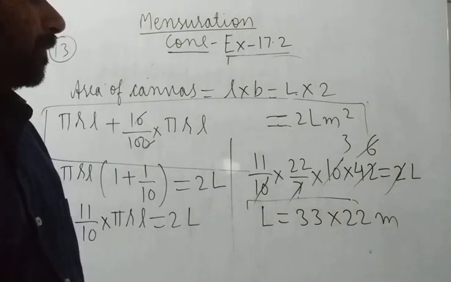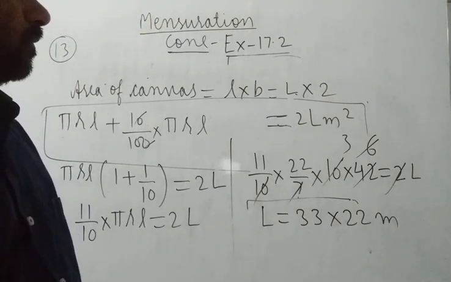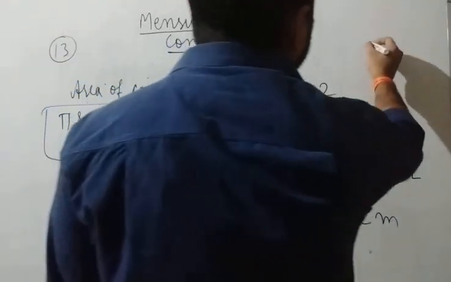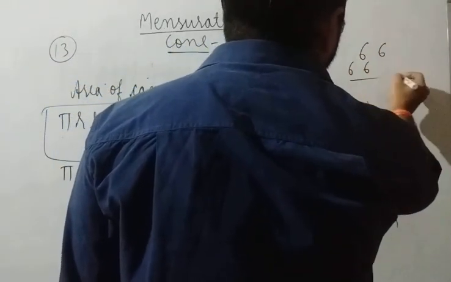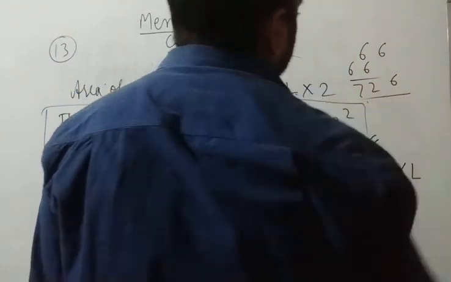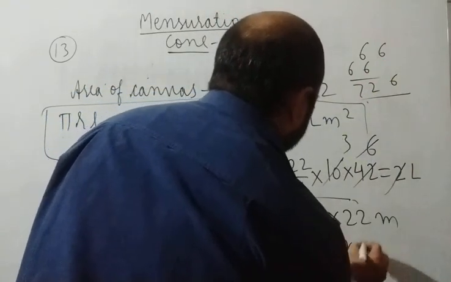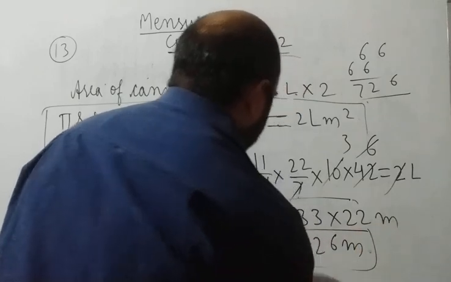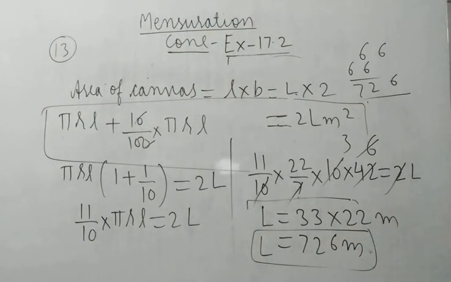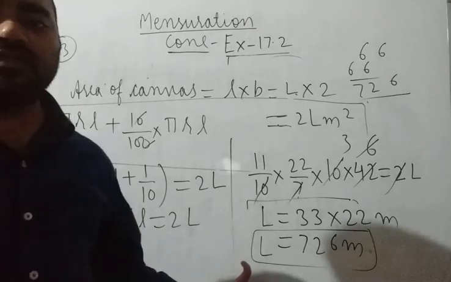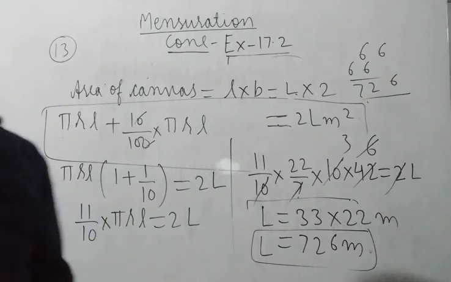Correct? So this will be 726 meter. That is, L will be 726 meter. Correct? This is the length of the canvas used.